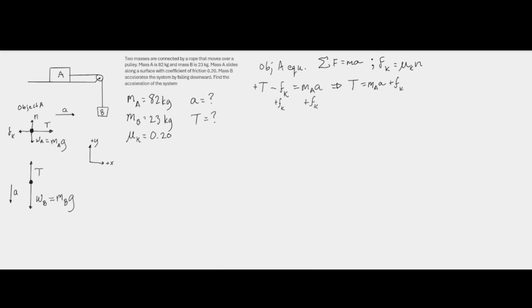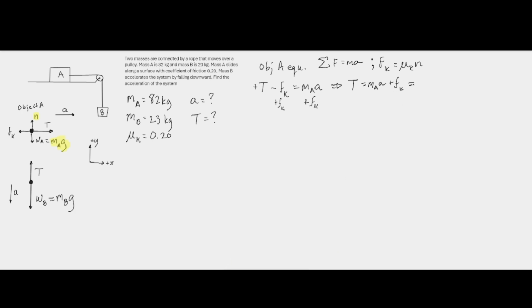The normal force on object A is equal and opposite to the weight force, so they have the same magnitudes. So the normal force is going to be equal to the mass of object A times the acceleration due to gravity. I'm going to write this one step at a time.